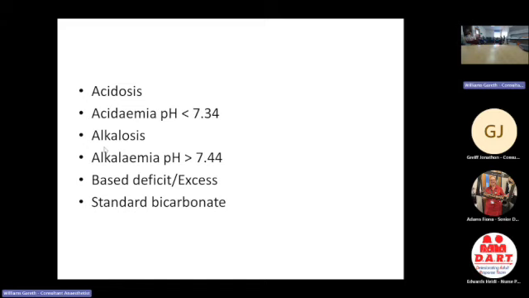It's the state. Like hypoxemia is a depressed PaO2, whereas hypoxia is a process or is being driven by something. So acidosis is the process, acidemia is the state. Most people would define acidemia as 7.34 or below, or 7.35 or below. Alkalosis the process, alkalemia above 7.44.